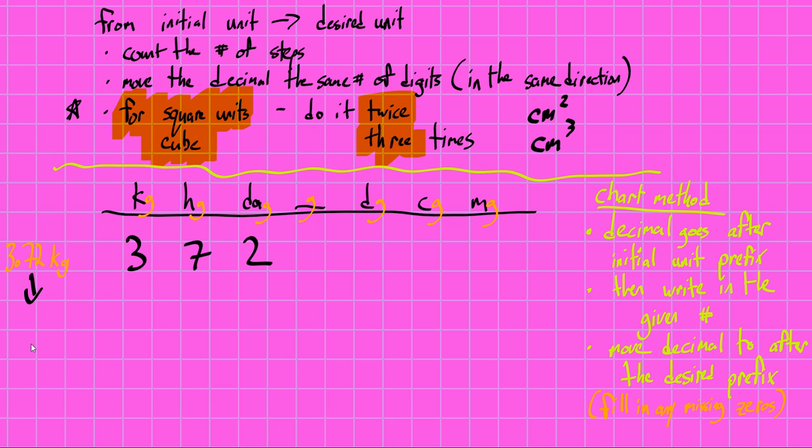If I wanted to convert it not to grams, but maybe to milligrams, I'd put the decimal right after milli and fill in any missing zeros. And there we have 3,720,000 milligrams, which is the same as 3.72 kilograms.